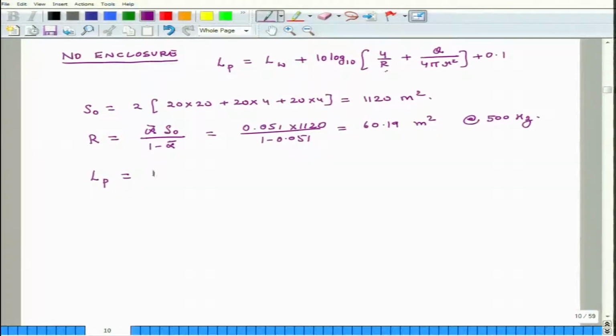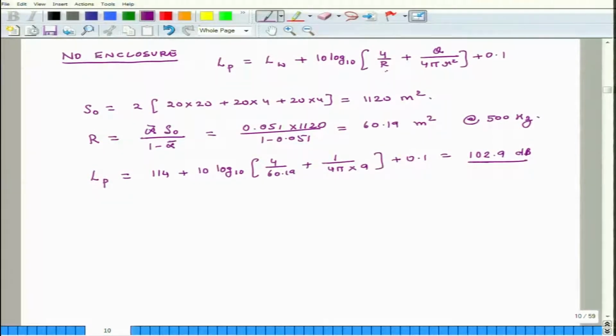So, it is 114 plus 10 log 10 of 4 over 60.19 plus Q, where Q is 1 divided by 4 pi into 3 square, since R is 3 meters away, 9 plus 0.1, and that works out to 102.9 decibels.